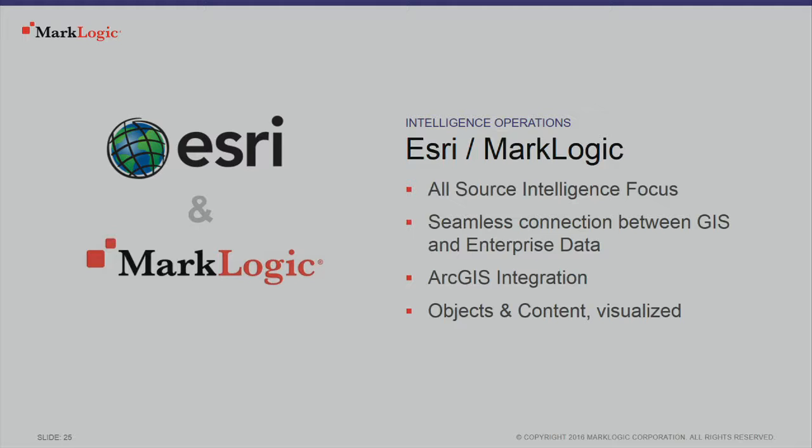For example, entity types like people and organizations, events, and chronologies are difficult to bring into a map because they're so dynamic. And again, the information about them can come from multiple sources. So we're also talking about objects and content visualized.